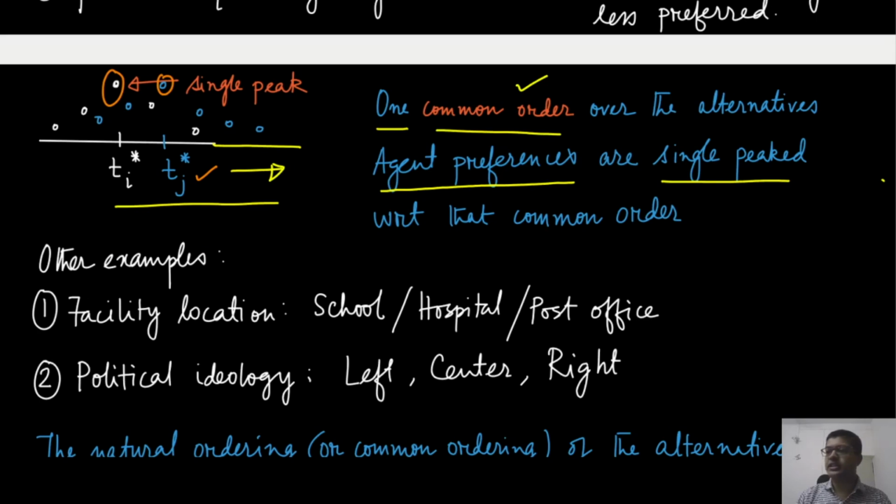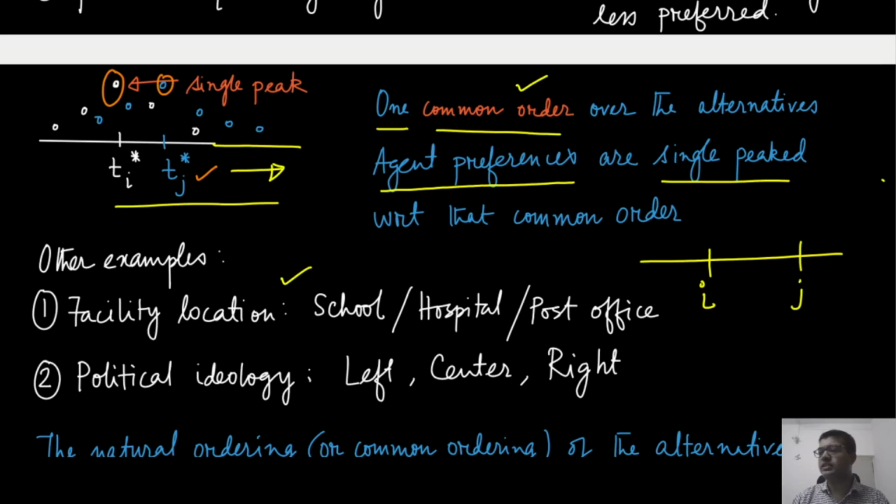There are other examples of this kind of single peak preferences. The first example is that of facility location. Suppose for simplicity the city is a real line, a one-dimensional city. Player i has his house here and player j has her house here.